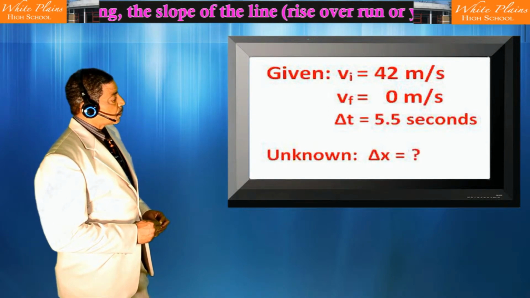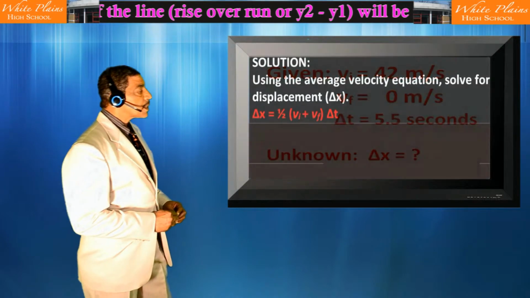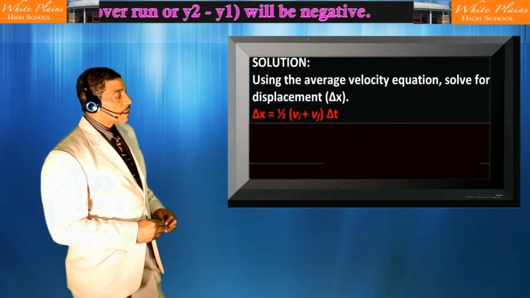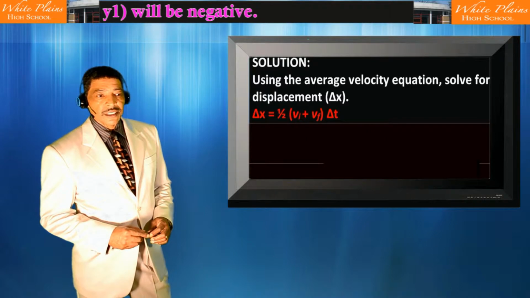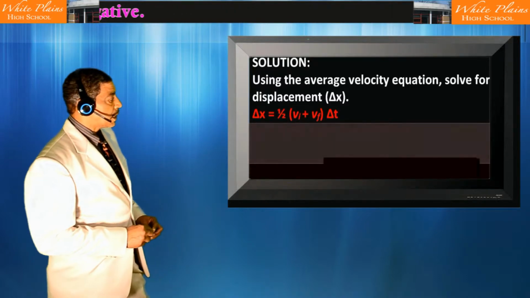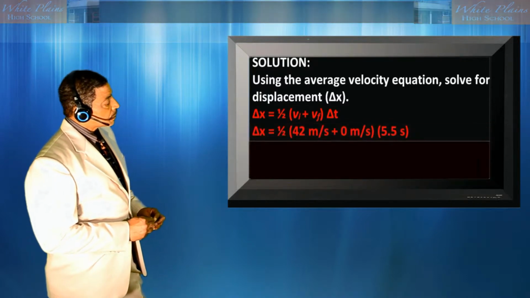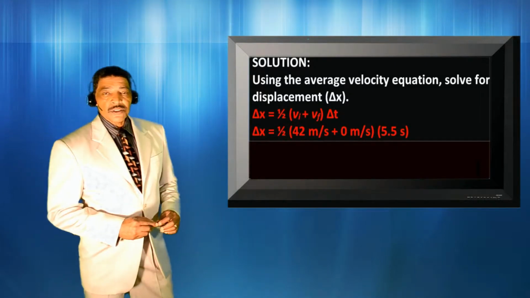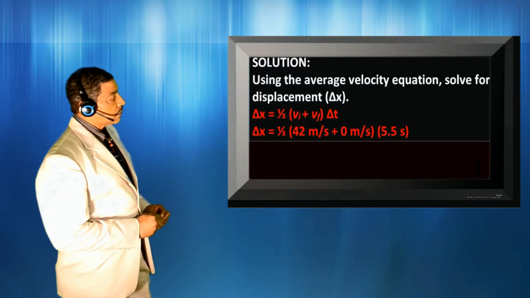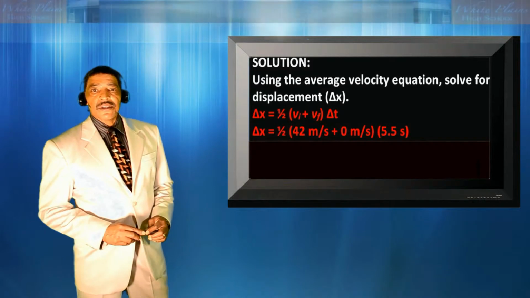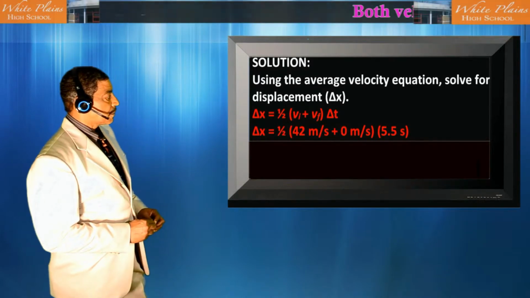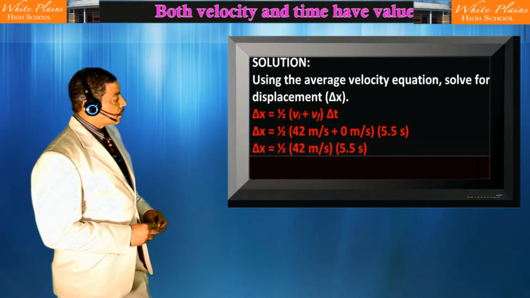From the equation where delta x is equal to 1/2 times v sub i plus v sub f times delta t, we may now insert the information. Delta x is equal to 1/2 times 42 meters per second plus 0.0 meters per second times 5.5 seconds. Simplifying the equation yields the following.